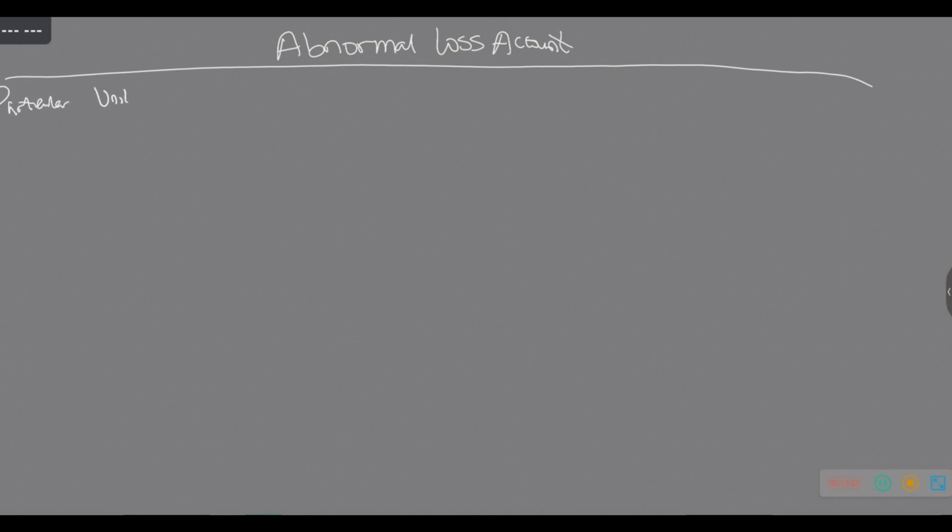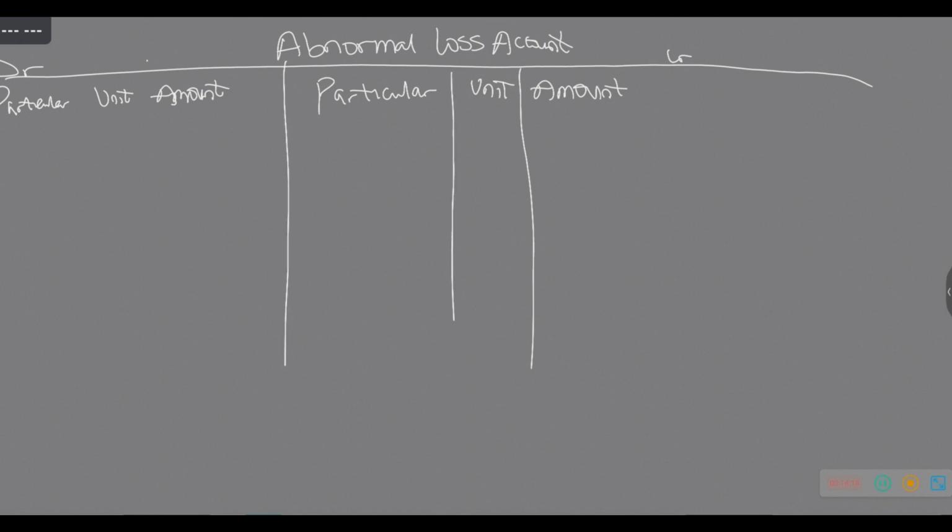So we have particulars, units, amount on the debit side, and particulars, units, amount on the credit side.